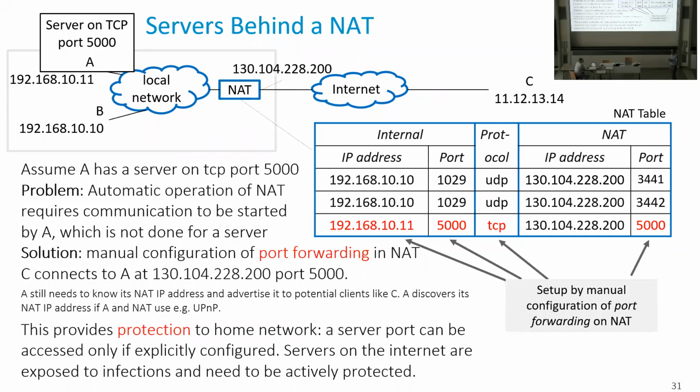So one way is to do port forwarding in your NAT by analyzing Skype, doing Wireshark on Skype to see which ports it uses. But Skype would not work if you would need to do port forwarding. So Skype has methods to do that, and in particular, the methods involve intermediate servers. So most of the time when Skype A talks to Skype B, we go via an intermediate server.